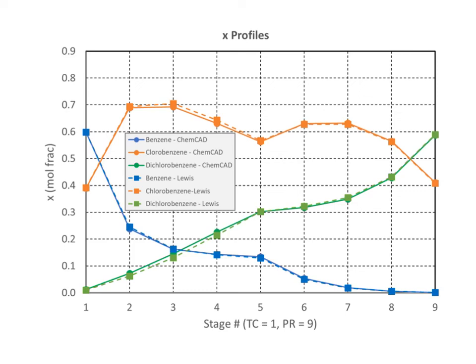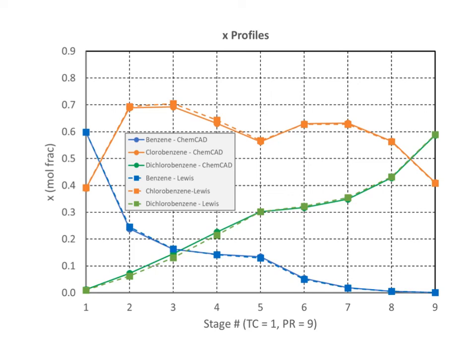The heaviest component, dichlorobenzene, is almost non-existent at the distillate, but rises steadily through the column with a little kink here at the feed tray and is highest at the bottoms.